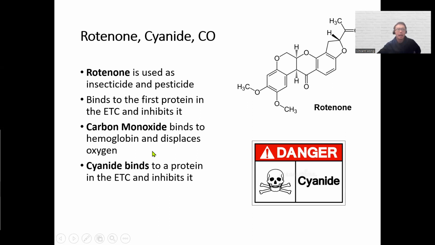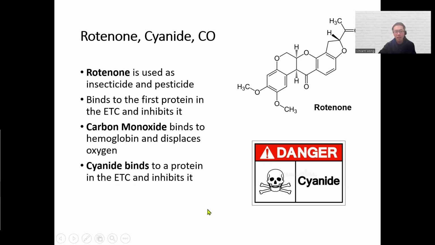That's why we need to have a carbon monoxide detector at home. When you are exposed to carbon monoxide, your body does not deliver oxygen. Instead, it delivers carbon monoxide, which we cannot use. Without the oxygen, the ETC is not going to work, right? And cyanide binds to a protein in the ETC and inhibits it.